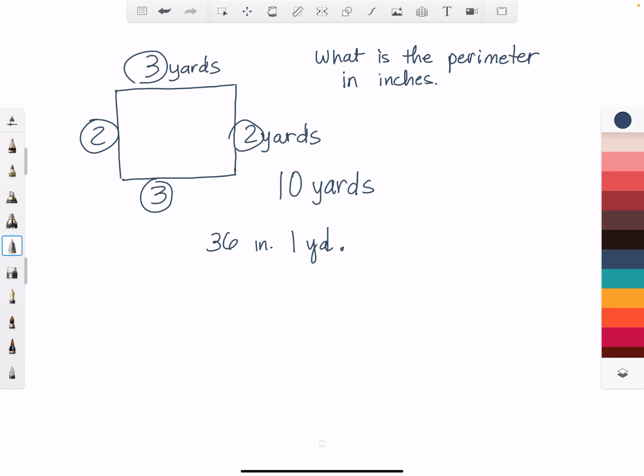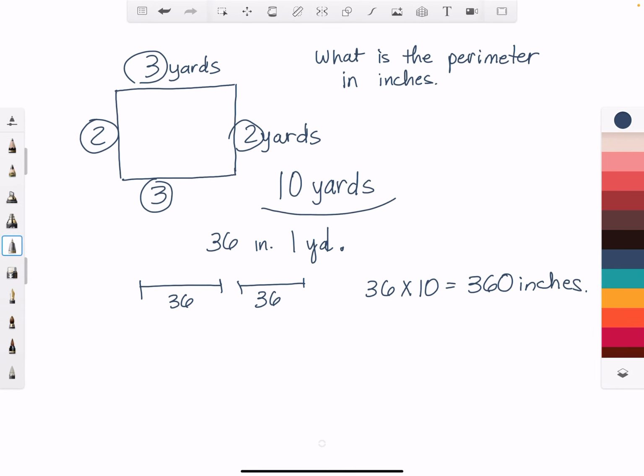So if we've got 1 yard and it has 36 inches, and we've got 10 of those, then we're going to have 36 times 10, or 360 inches for the perimeter. So the perimeter would either be 10 yards or 360 inches.